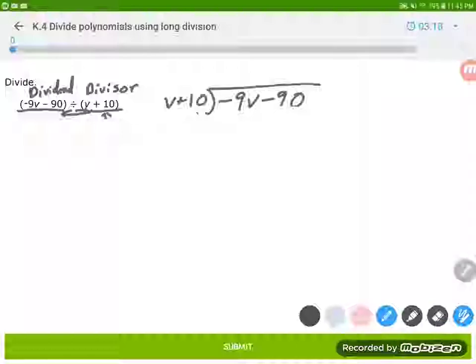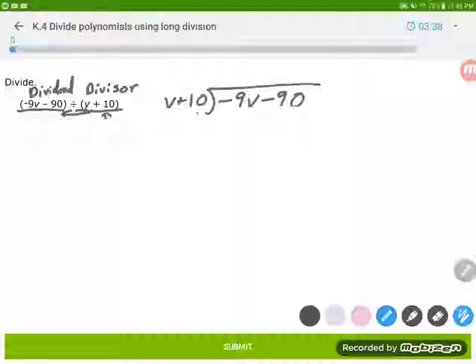Okay, so we set up our long division, and now we're going to look at the greatest term in our divisor, so right here, the v, and we're going to divide it into negative 9v. So we have to ask ourselves, what happens when we divide v into negative 9v?